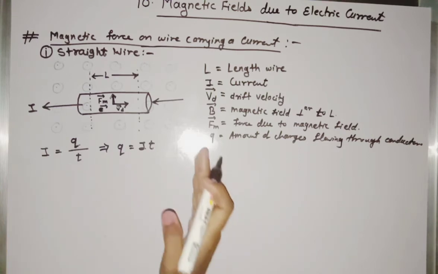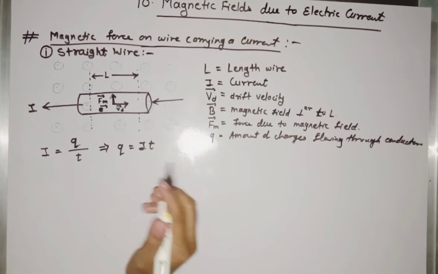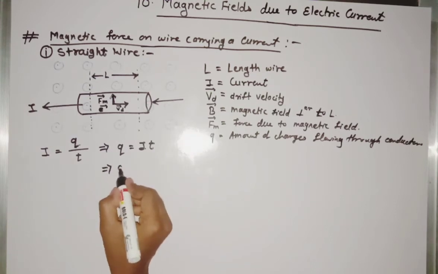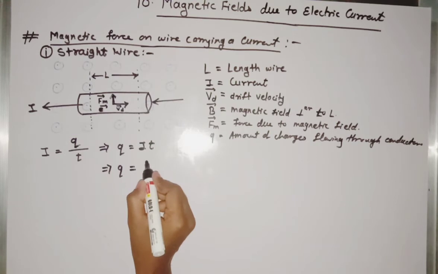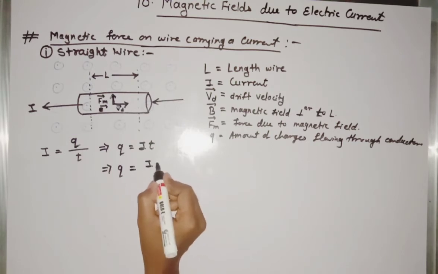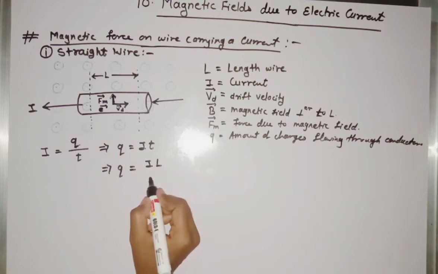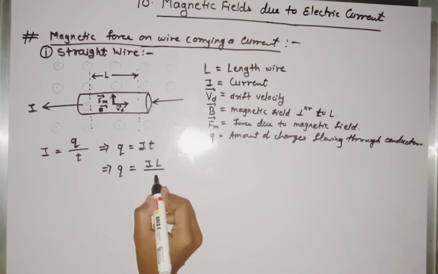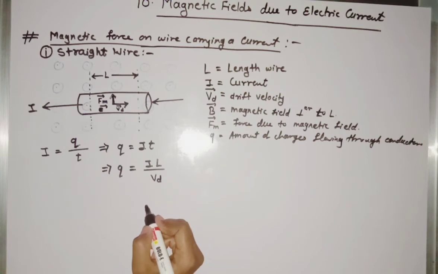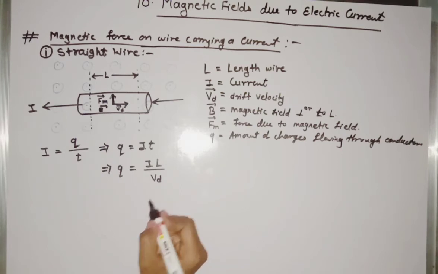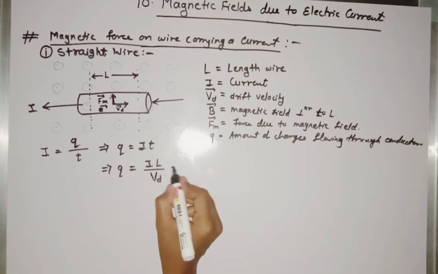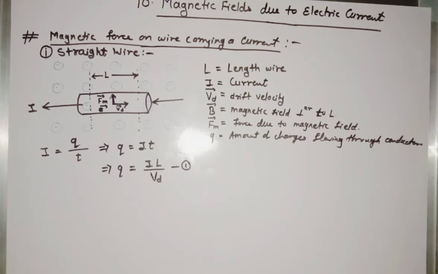So as per our consideration, we have Q is nothing but I, the current flowing through the conductor, into the length of that conductor, or length of the straight wire through which current I is flowing, upon the drift velocity of the electrons or the charges which are moving through the conducting wire, that is V suffix D. So this equation I will call equation 1.